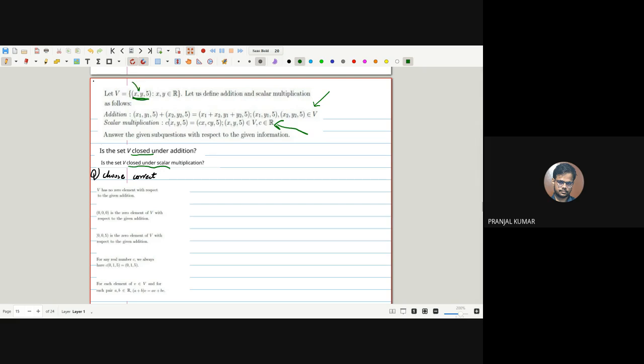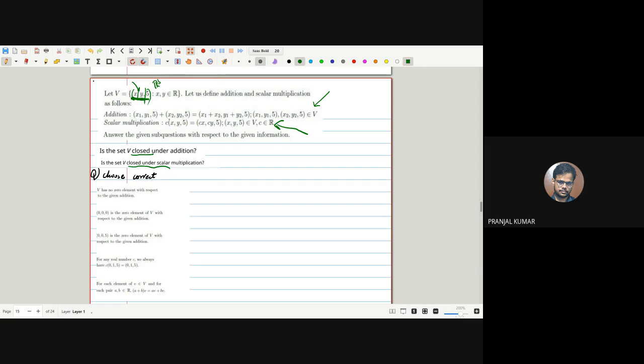Okay, where does this vector belong? Is it in R3? Yes. This is a 3-tuple, right? 1, 2, 3.